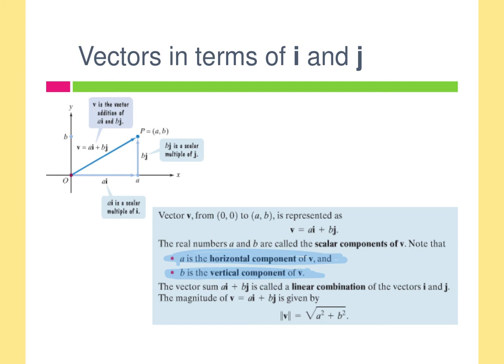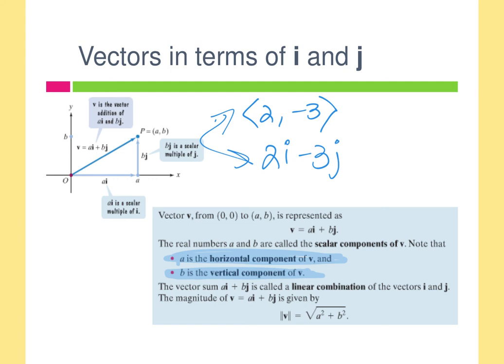So if I had 2, -3 in component form, in ij format, that would be 2i minus 3j. All that changes is how we write it. These are the same thing. It's just 2 different formats. So sometimes it will ask for it in ij, and sometimes it will ask for it in component form. You just got to know how to go back and forth between the two.